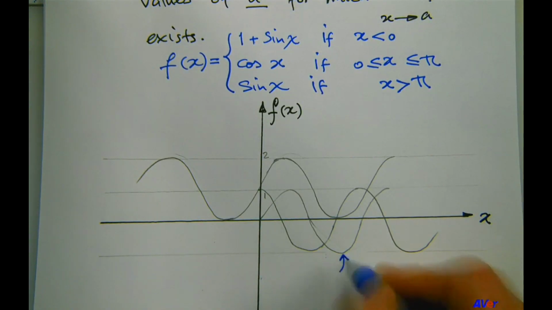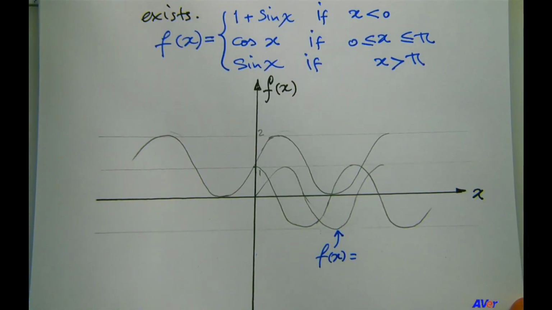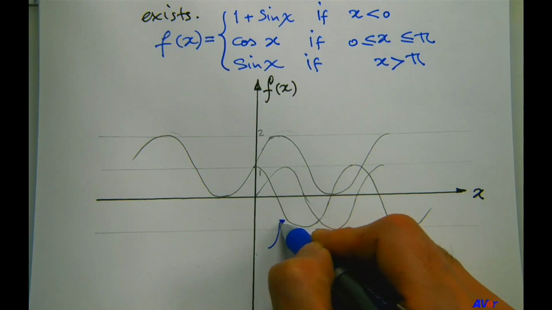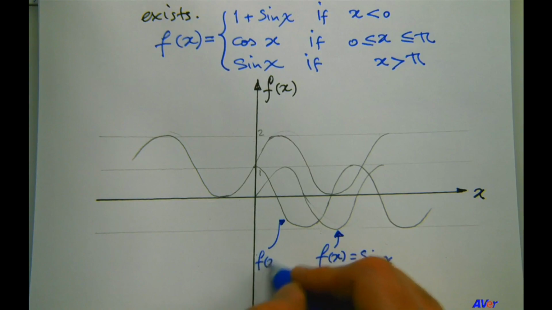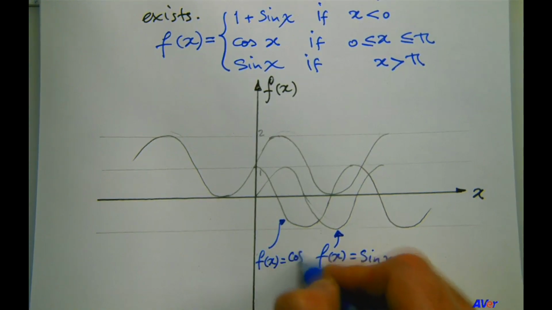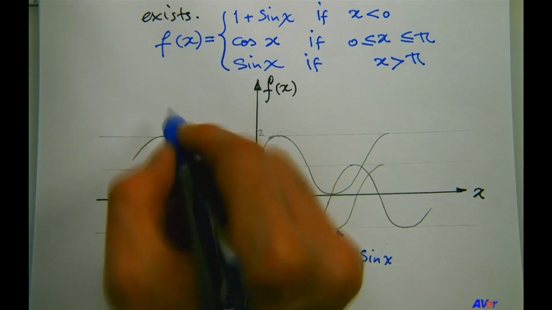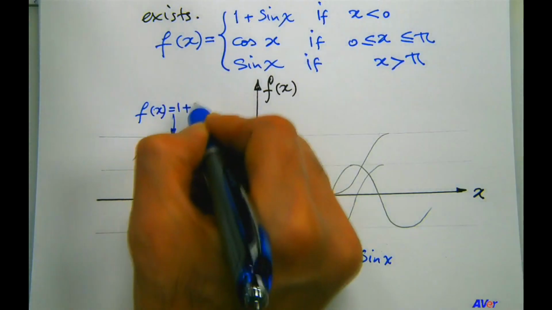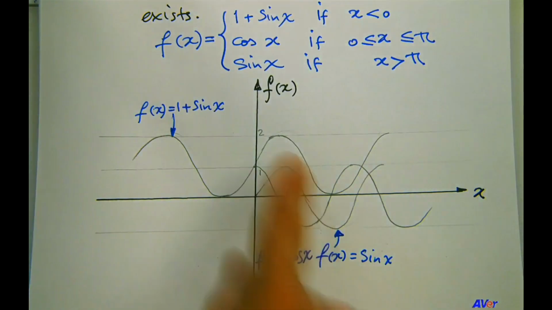So that one is f of x equals, move this up a little bit, f of x equals sine of x, and this piece, that piece is f of x equals cosine of x, and that piece is f of x equals 1 plus sine of x. Okay? All right, so these are the graphs.